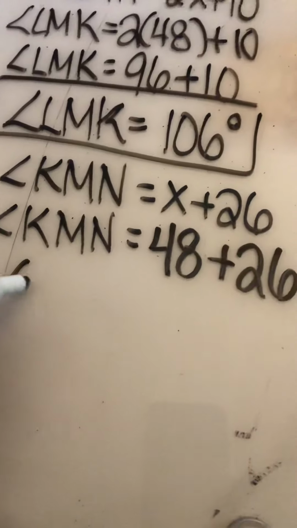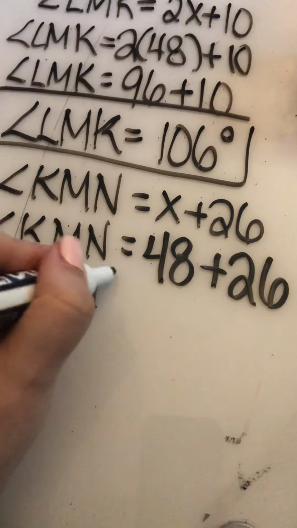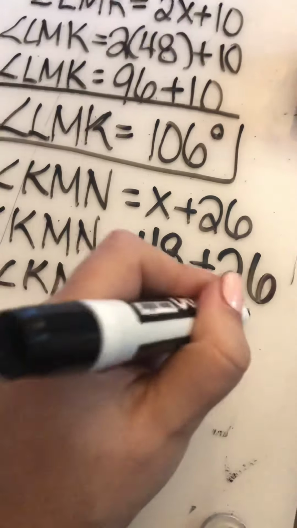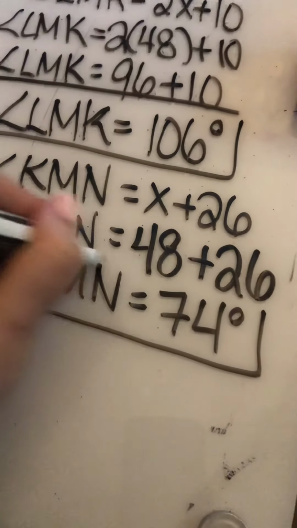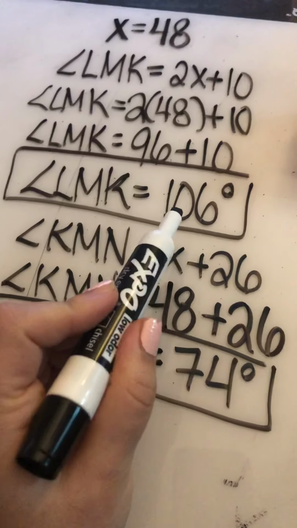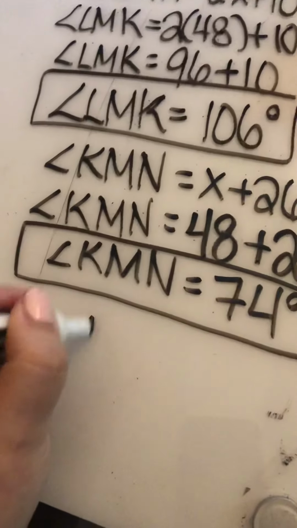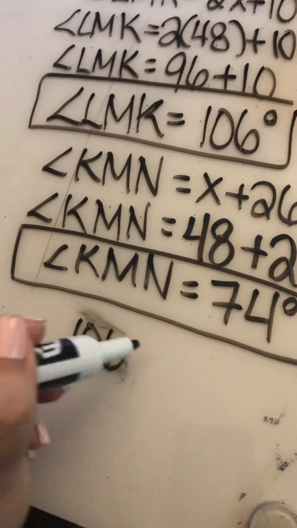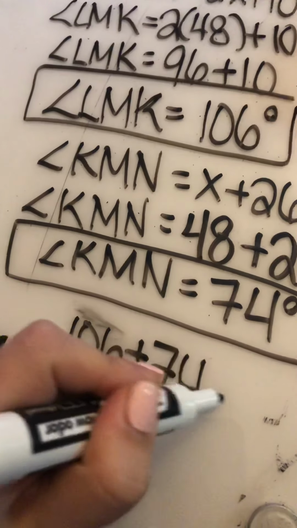And then I add those two numbers together. And I'll get angle KMN equals 74. Now, to make sure we're correct, we do our quick check. We want to make sure 106 plus 74 equals 180. And it does.